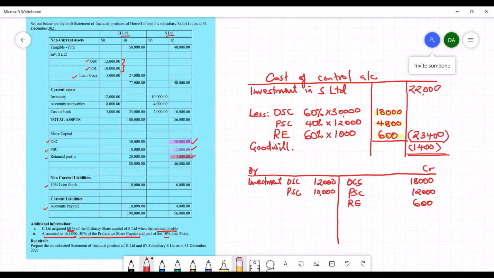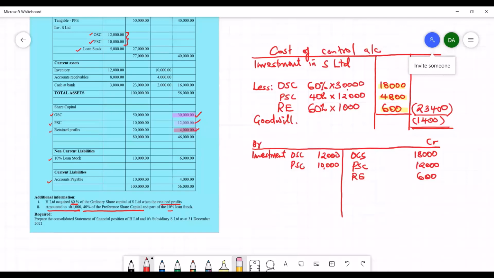Now, in case of this goodwill, we have found that the investment is less than what was acquired. Therefore, there's a negative goodwill, which will appear on this side. So we have goodwill on acquisition, and the goodwill on acquisition is the difference between the two sides, which is equal to 1,400. That is a negative goodwill.